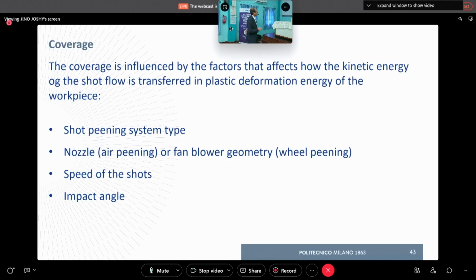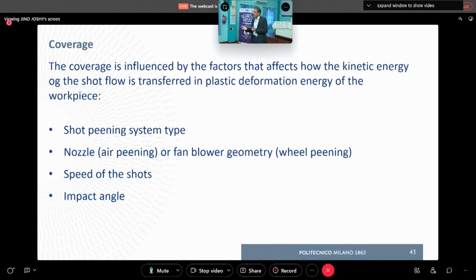Which are the factors that are influencing the coverage? This is related to the way the kinetic energy is transferred in plastic deformation to the workpiece. The shot flow.